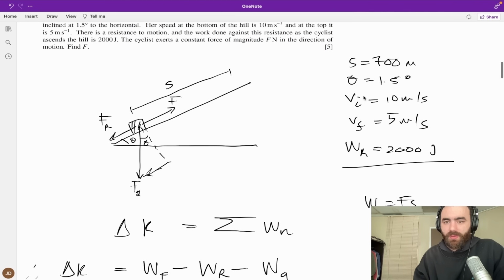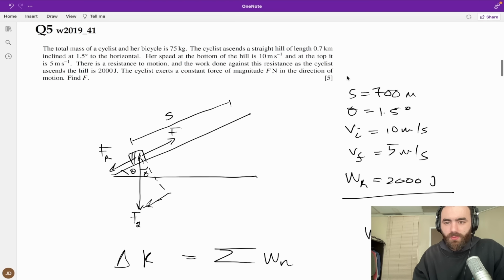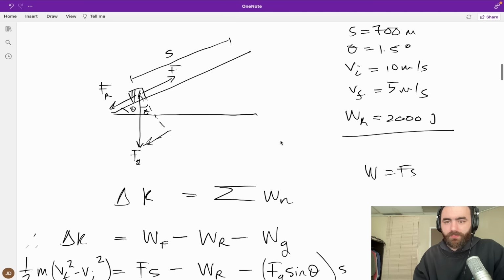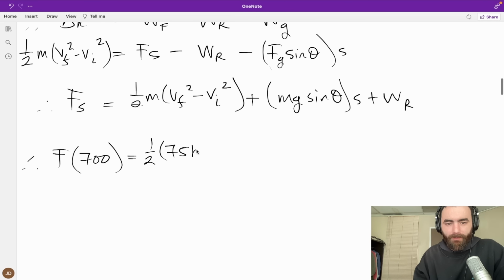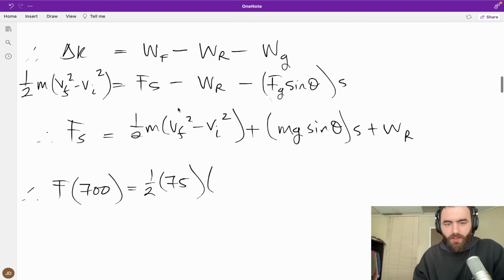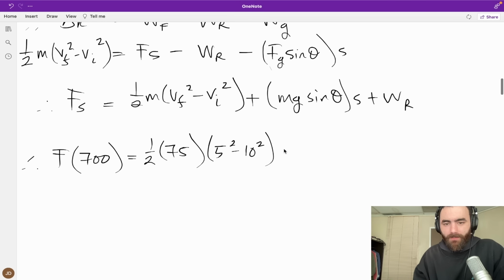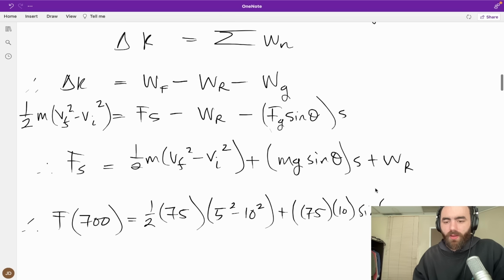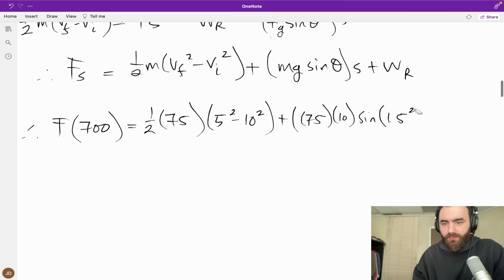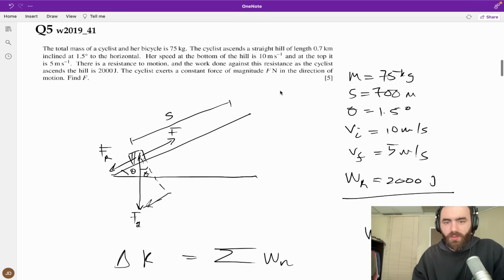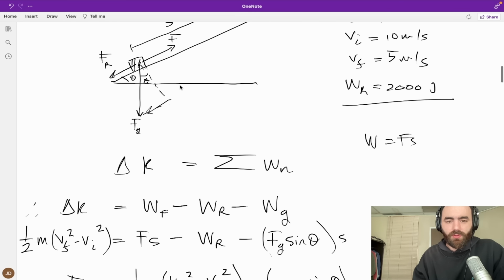Half the mass times the final velocity is 5 and the initial velocity is 10, plus mass is 75, 10, sine of theta, which is 1.3 degrees. All of that times 700, plus 2000, right? Work done against the resistance force, 2000.